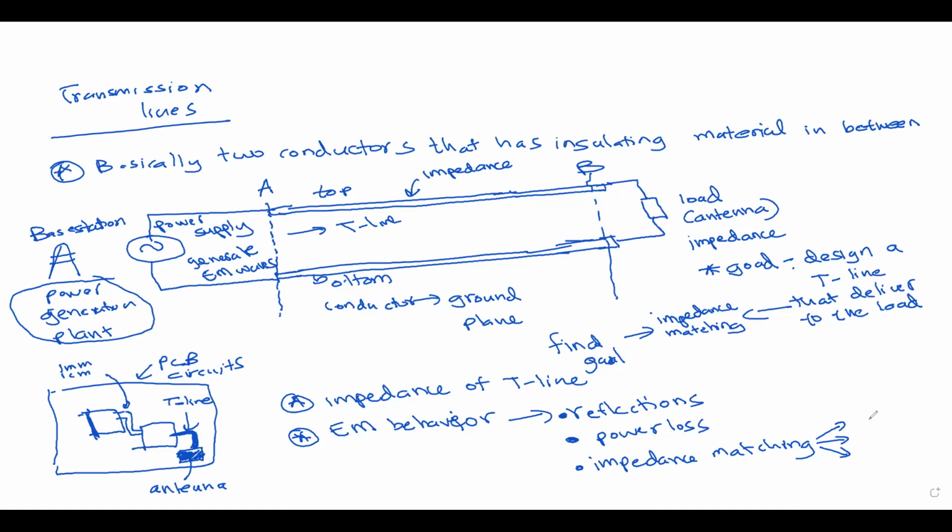So I will discuss basically matching types, such as the quarter wave transformer matching type and the stub matching type. Those two I will mention briefly, and I will just mention how those matching types actually work.